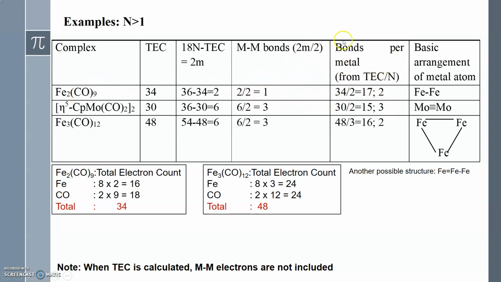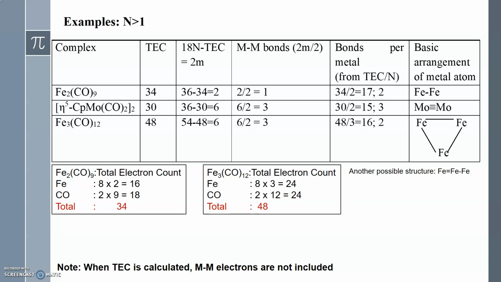So this is given as the number of metal-metal bonds per metal. It can be calculated from TEC by n. So TEC is 34 divided by 2 is 17. That means each iron atom is deficient of 1 electron to achieve the 18 electron configuration.